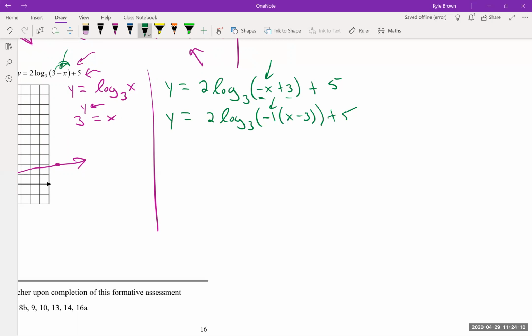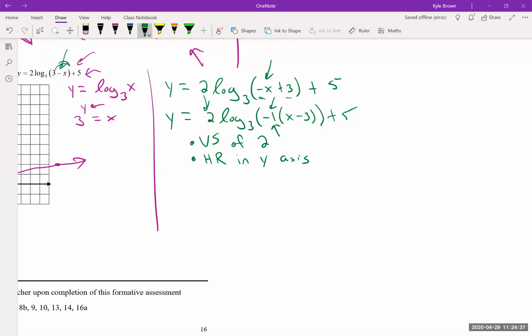So first off, it has a vertical stretch of 2, because of that one. We have a horizontal reflection in the y-axis. And that's because of this guy, that's our negative there, just flipping that thing over the y-axis. All of your x values would change their signs.